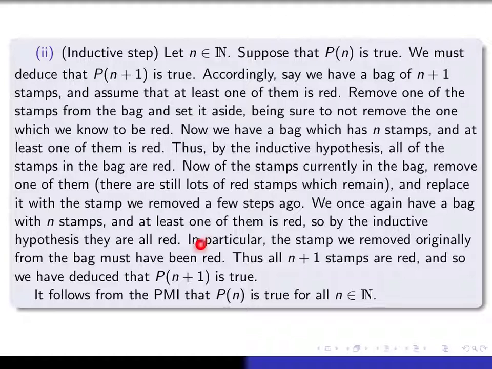In particular, the stamp that we removed originally and just put back in the bag must have been red. So now we verified all n plus 1 stamps are red, and therefore we've deduced that P of n plus 1 is true. So we now have the right to say that it follows from the principle of mathematical induction that P of n is true for all n in the natural numbers.